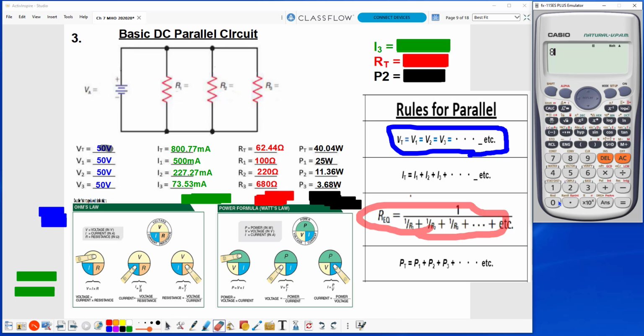And if we take the 800.77 times 10 to the negative third times 50 volts, it basically gives me the same exact answer, which, if I round, is 40.04. So it is working both ways, and I checked my work both ways.